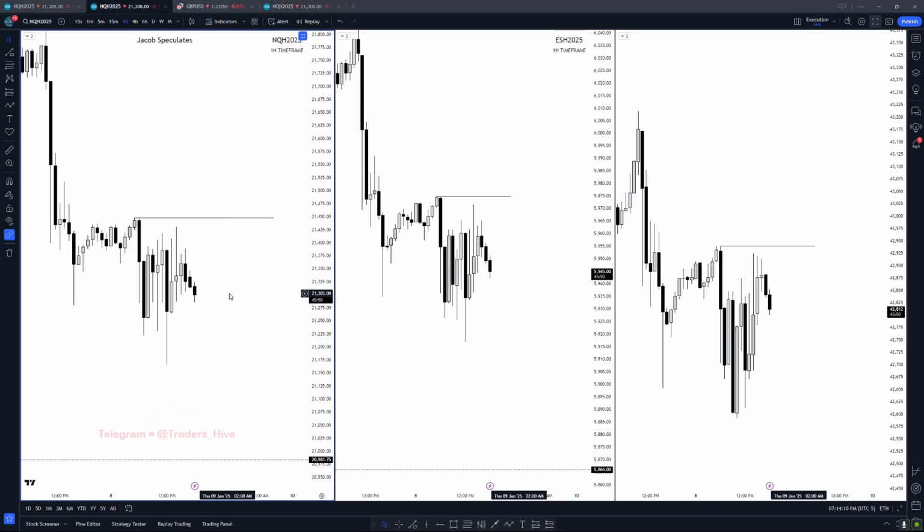So we would use this TPD as a continuation TPD. What if we closed above it and it was SMT fill as well as a PSP?